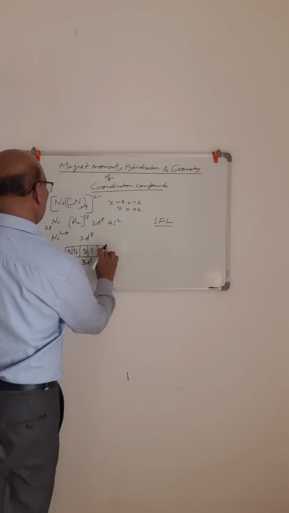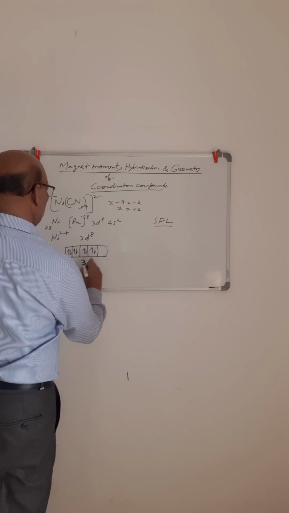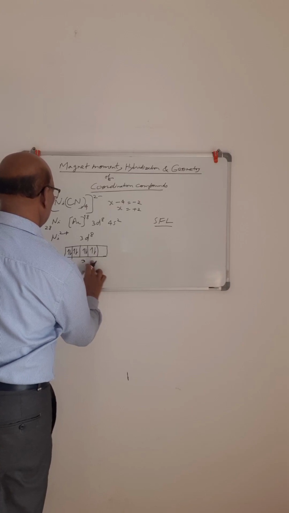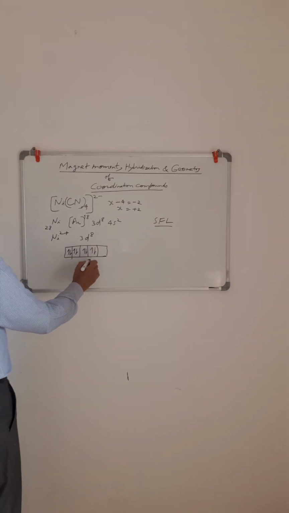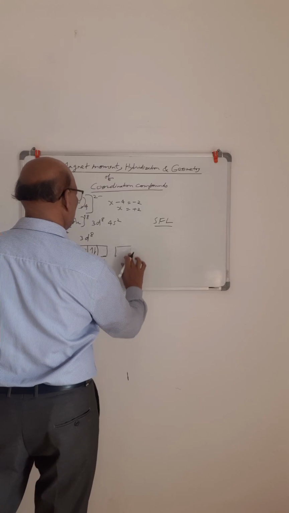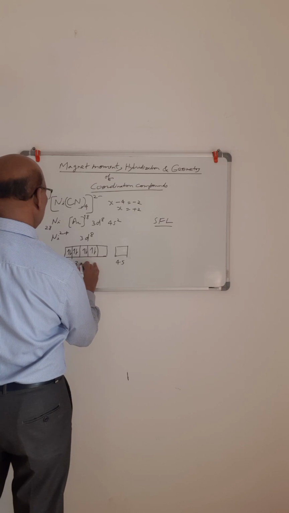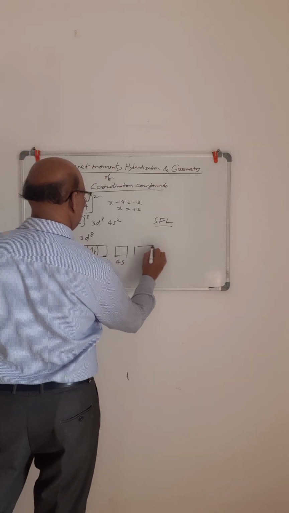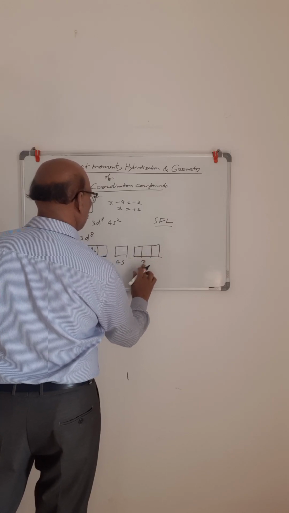Okay, so this one electron will get paired up here, and I have one empty orbital of 3d that will be available here, and the nearby we have one 4s. So this is 3d. Okay, and there will be 3 empty orbitals of p. So this is 4p.